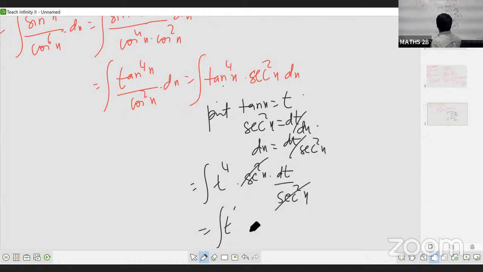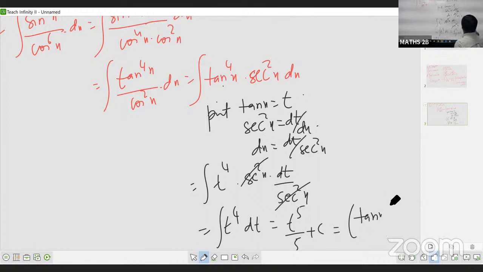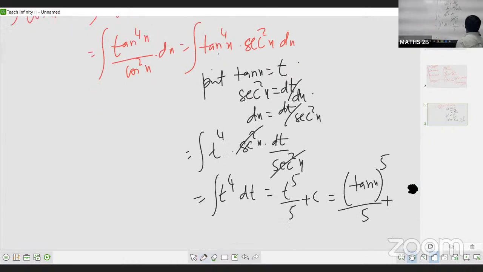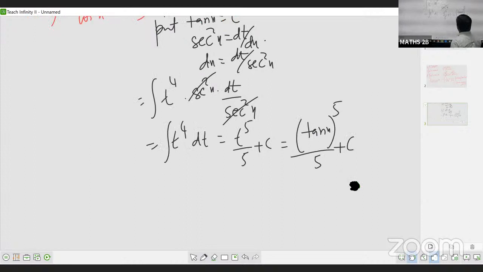Secant square x cancels. Integration of t power 4 dt is t power 5 by 5 plus c. What is t we considered? t we consider as tan x, so tan x whole power 5 by 5 plus c. Is it clear?